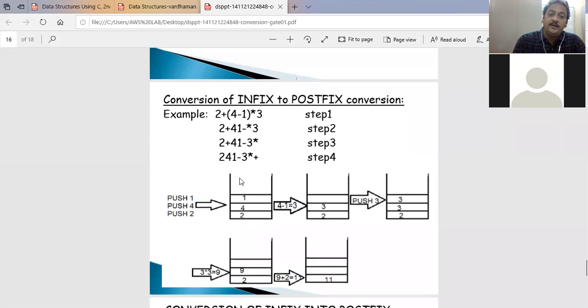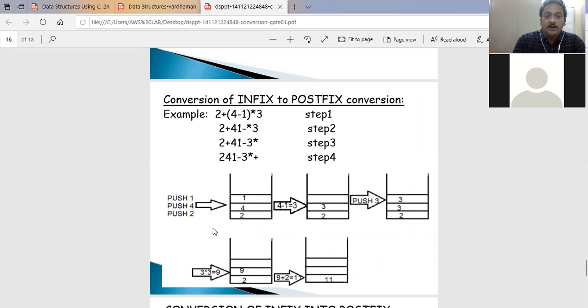If it is a left parenthesis, add it to the stack. If it is an operand, add it to the postfix expression. And if it is an operator, add it to the stack. That's what we are supposed to do.